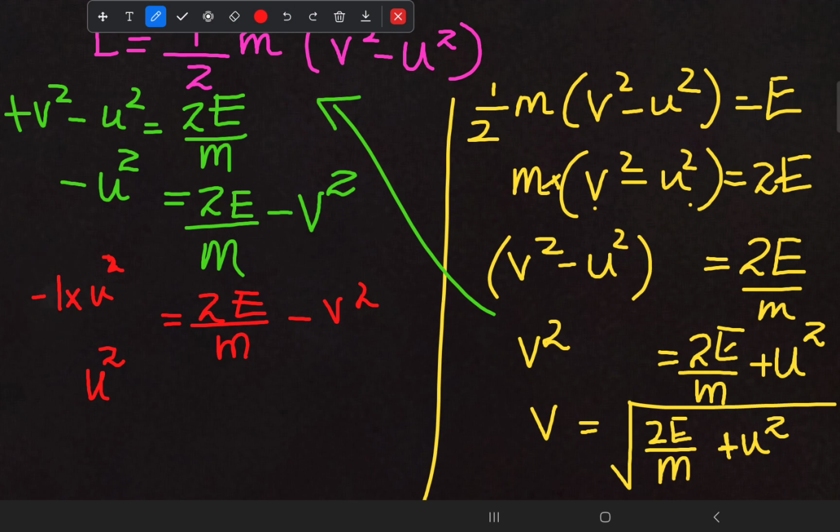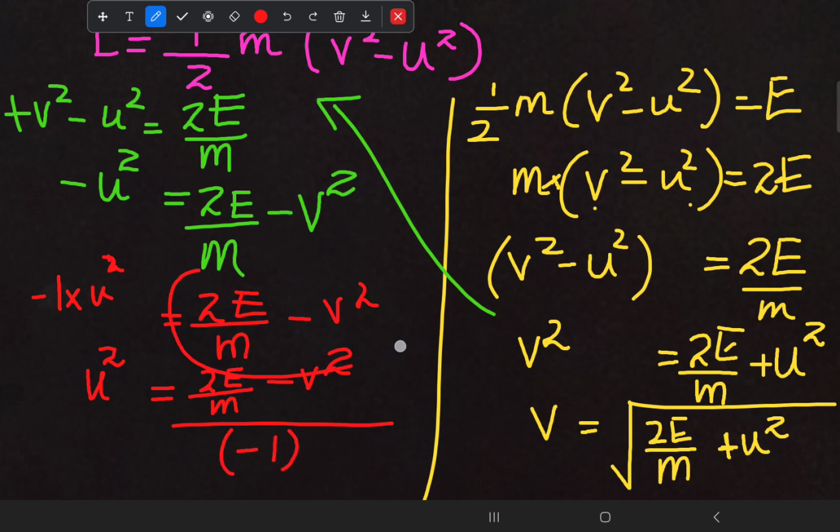So let's bring it as a dividend. 2e upon m minus v square, that remains the same. This multiplicand became a dividend. You can keep this total value, 2e upon m minus v square, as your numerator.